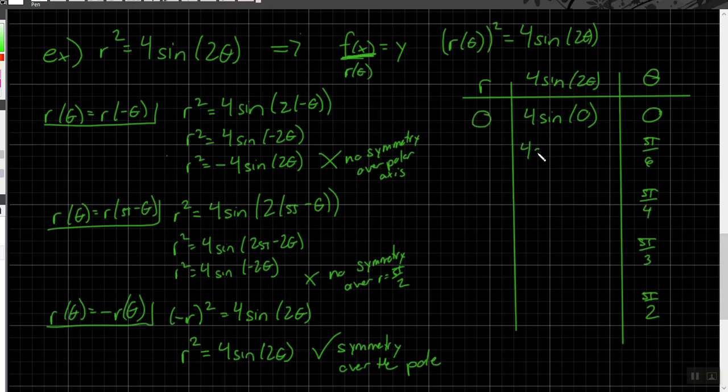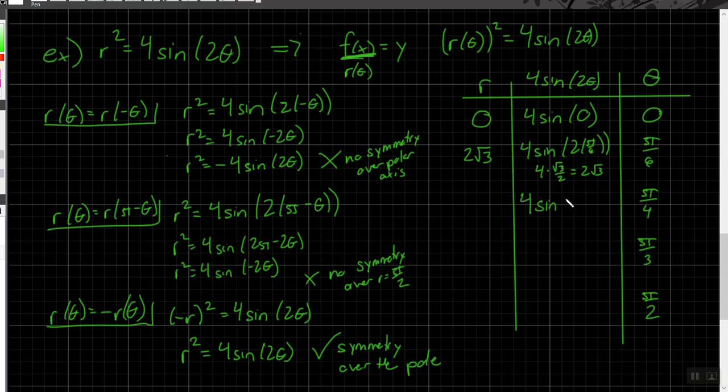Okay, next one. 4 sine of 2 times pi sixths. So that reduces down to pi thirds. What is sine at pi thirds? 4 times root 3 over 2, which is the same as 2 root 3. We're going to have to do that as a decimal in a minute, but we can keep going.